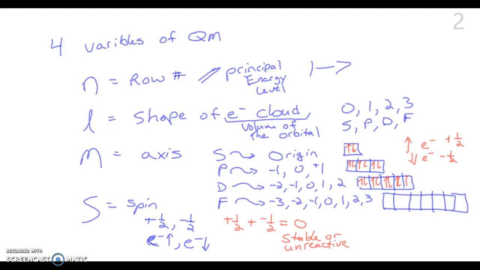So if we went through and counted how many electrons can fit in each box, this one would fit 2 electrons, this one would fit 6 electrons, this one would fit 10 electrons, and this would fit 14 electrons. So those are really, really important numbers. So let's put that in our notes.